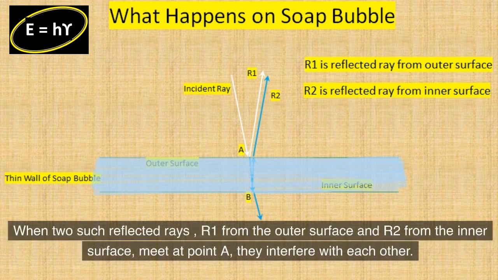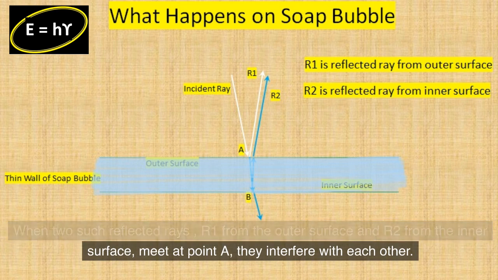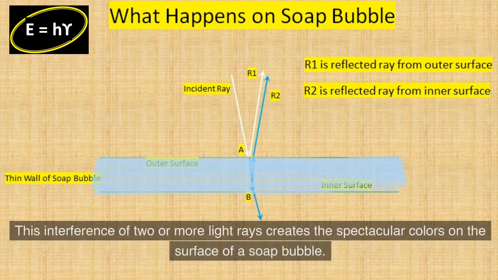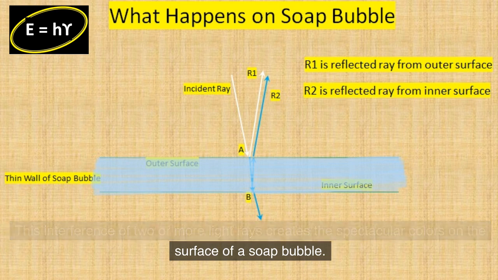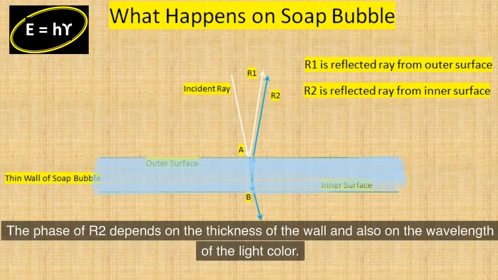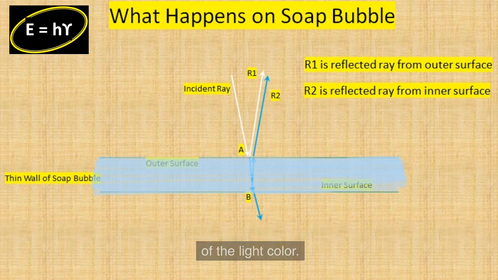When two such reflected rays, R1 from the outer surface and R2 from the inner surface, meet at point A, they interfere with each other. This interference of two or more light rays creates the spectacular colors on the surface of a soap bubble. The phase of R2 depends on the thickness of the wall and also on the wavelength of the light color.